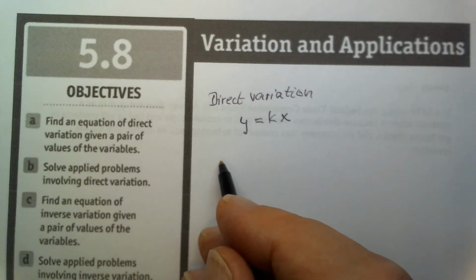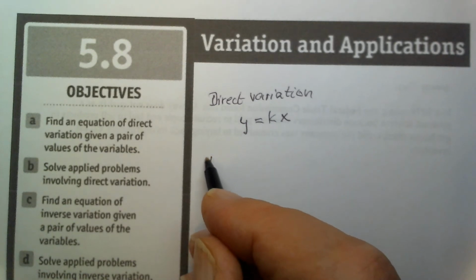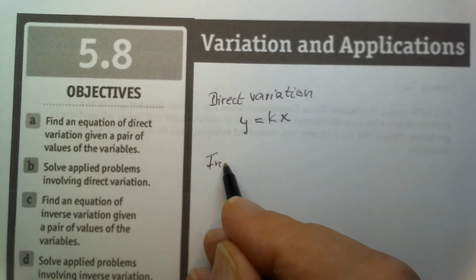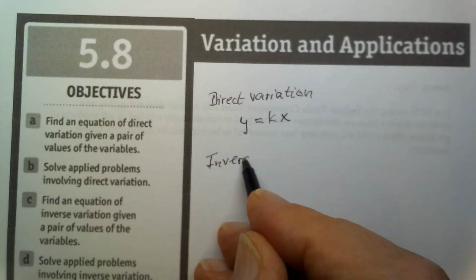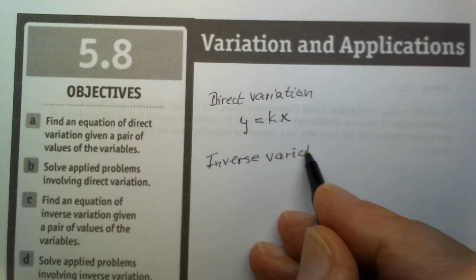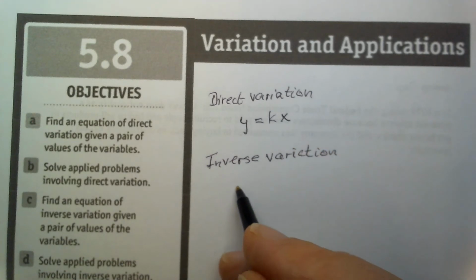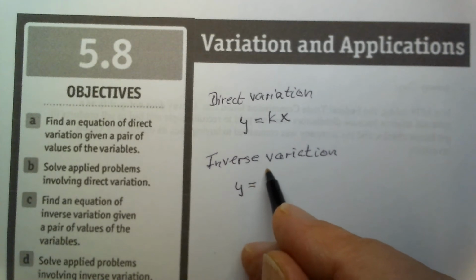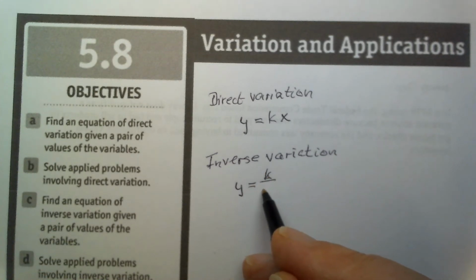And then inverse variation, this is just an overview here right now. We go into a lot of details in just a moment. So inverse variation is y equals k divided by x, again where k is the constant of variation.